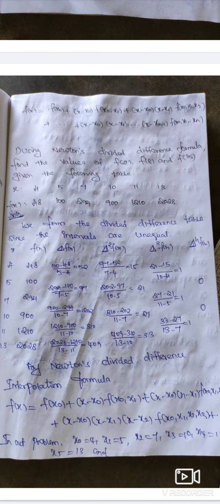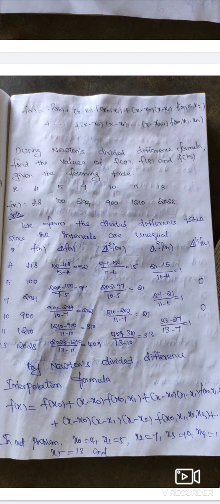Now we find del f of x. Del f of x means the difference between the second value minus first value of f of x, divided by second value minus first value of x.